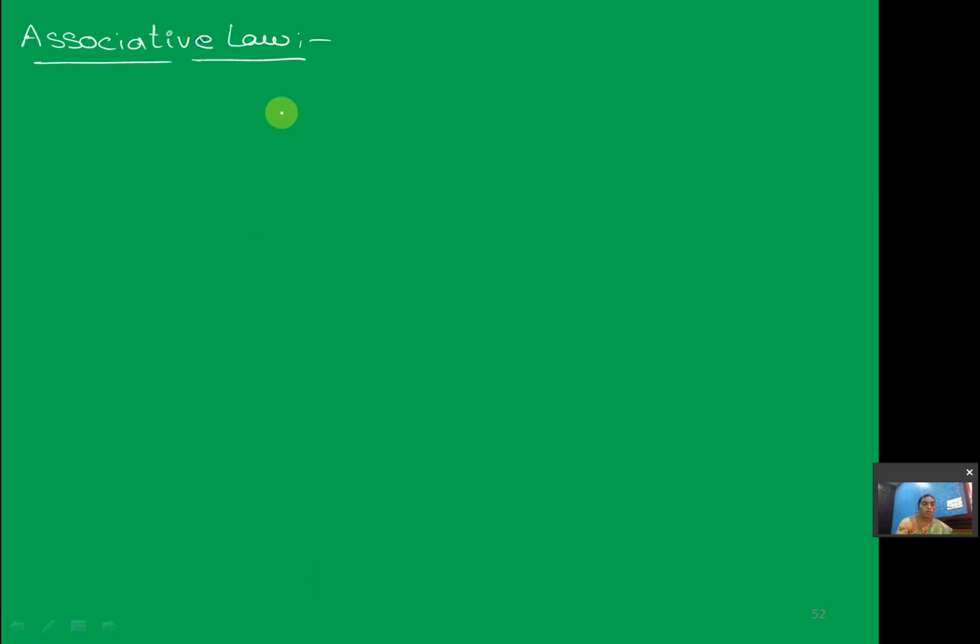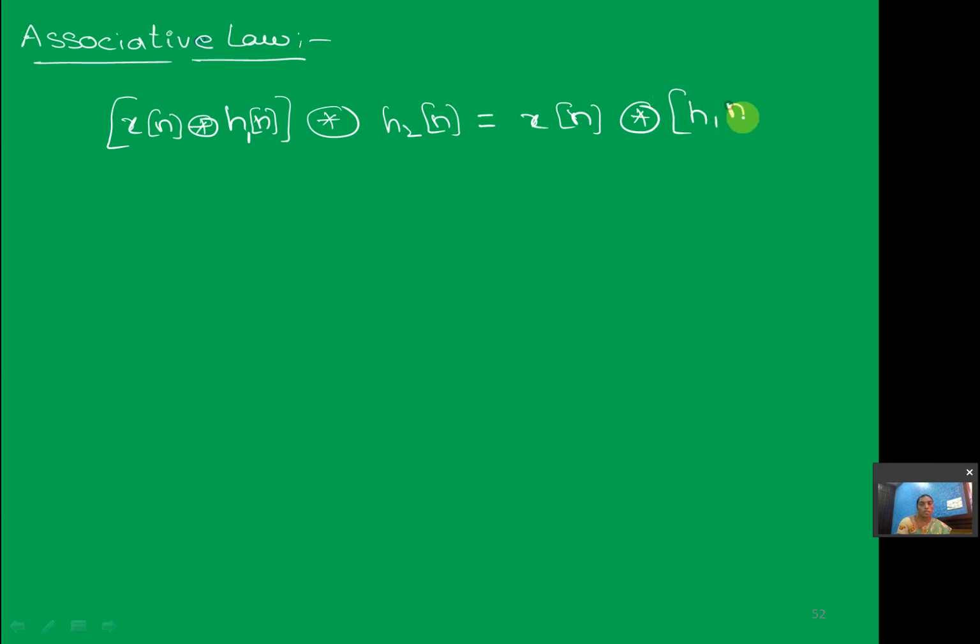Okay, now what is that here? See, x of n convolved with h of n, taking another one, two impulse responses. Now x of n convolved with h1 of n, convolved with h2 of n, and this is the associative law.